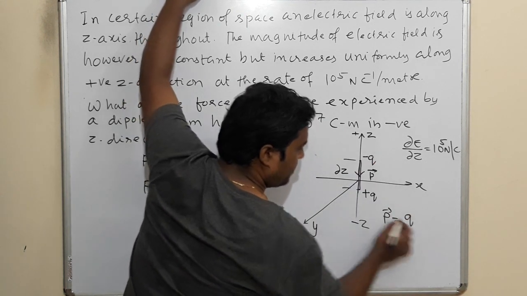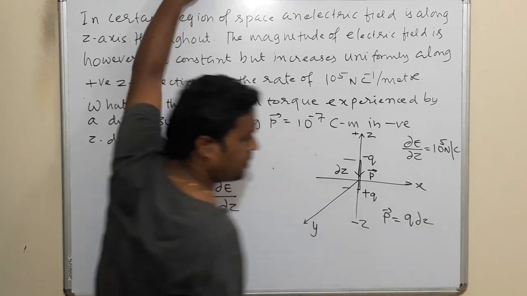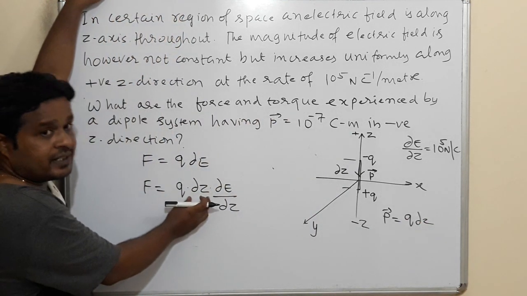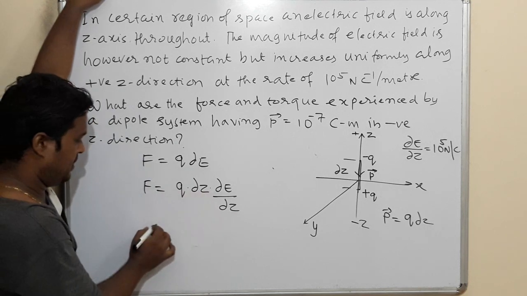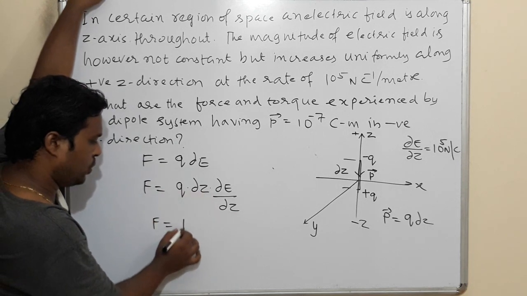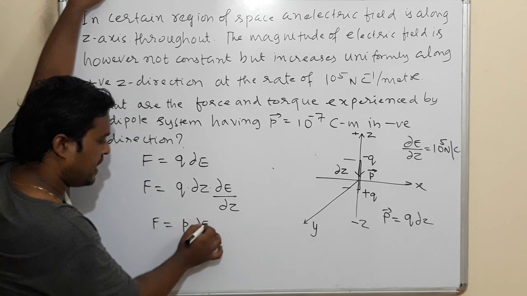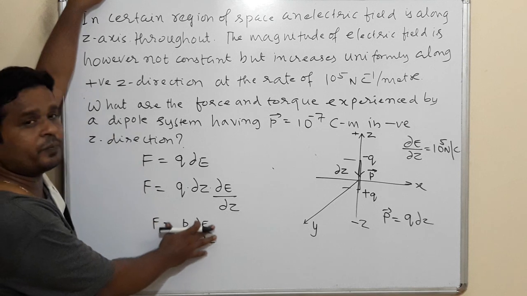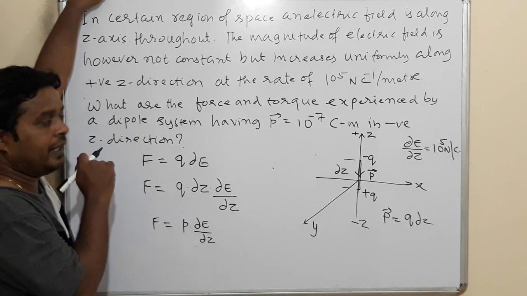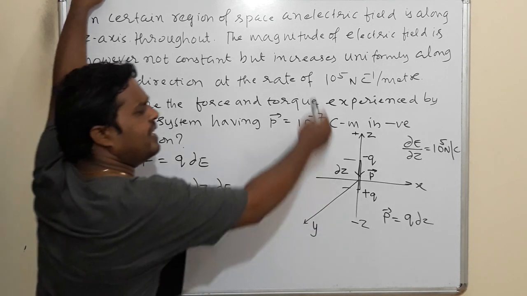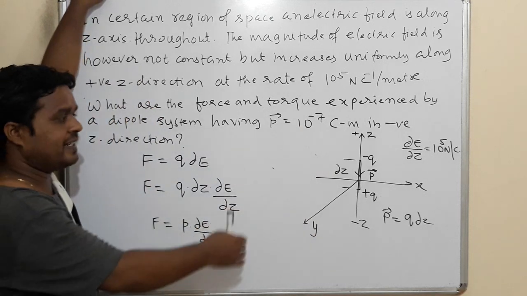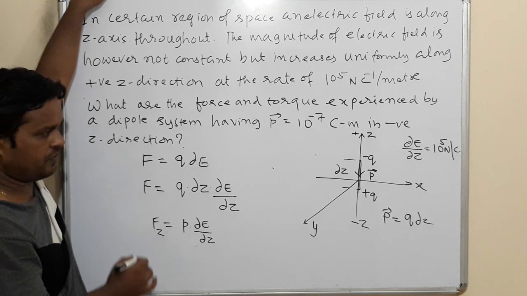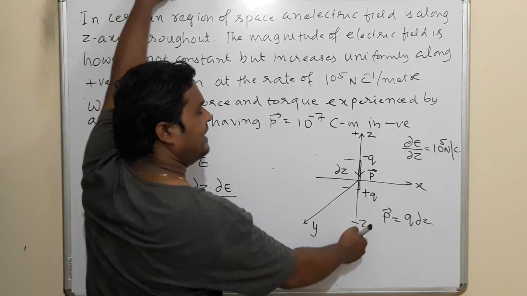One of the charge multiplied by this distance, which is equal to dz. Then Q into dz, charge into distance, stands for P, dipole moment. Then this F will be equal to P into dE by dz. This will be the force acting on the dipole in which direction? Along z direction. So I will write this as Fz.